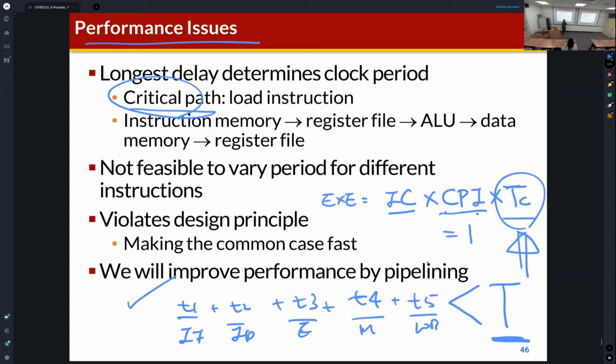So if we use the single cycle processor, we cannot reduce the clock period, and this is very critical for the performance of the processor. This is because the delays of each hardware component will be accumulated to calculate the clock period of the single cycle processor. And it's not good for the performance.